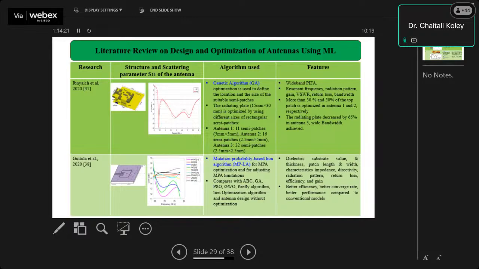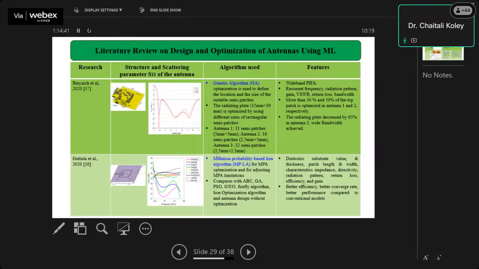This is one of the complicated structures they have done, and another structure is also the chip patch antenna that et al. proposed in 2020. So they have utilized a mutation probability based algorithm.